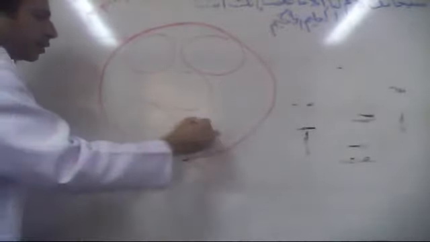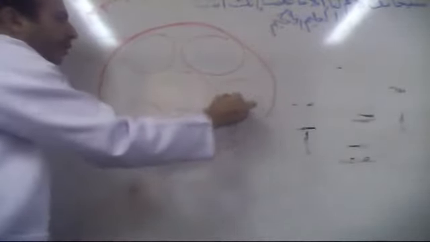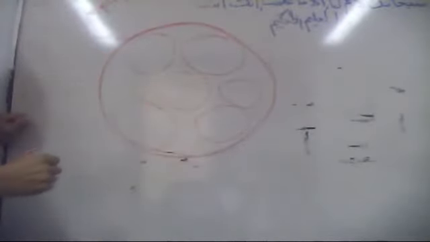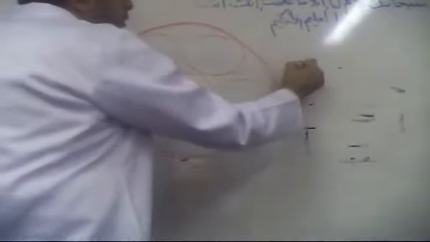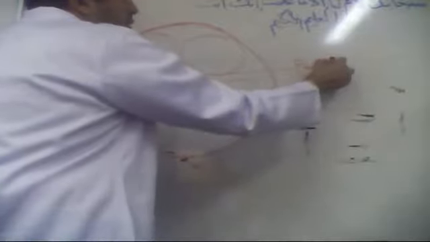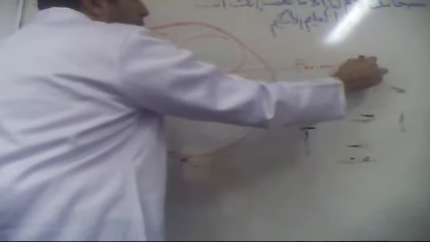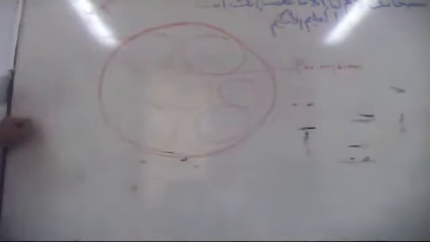These muscle fascicles are separated from each other, covered by something called perimysium. So we have epimysium and we have perimysium.